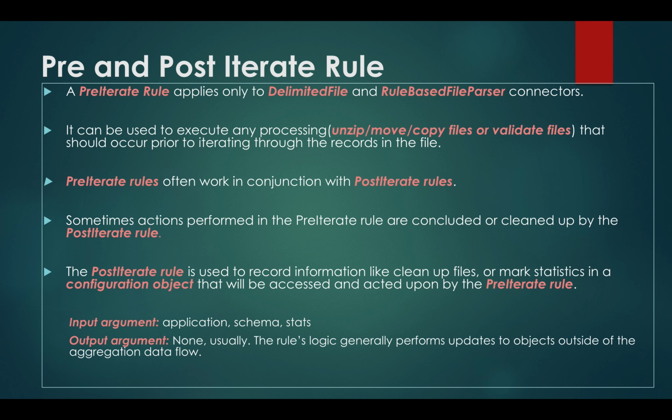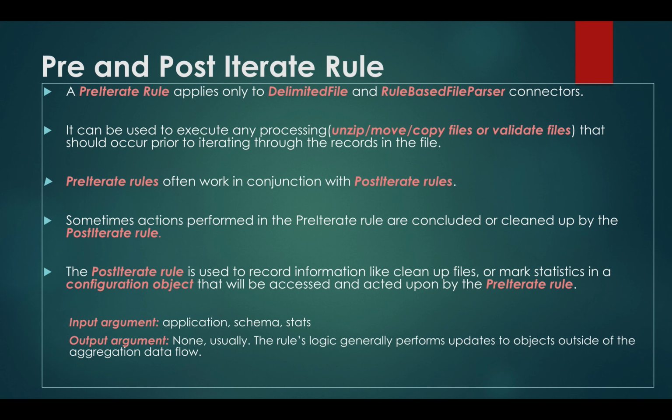Pre-iterate rules often work in conjunction with post-iterate rules, and sometimes actions performed in the pre-iterate rule are concluded or cleaned up by the post-iterate rule. Thus, the post-iterate rule is used to record information, like cleaning up files or marking statistics in a configuration object that will be accessed and acted upon by the pre-iterate rule.